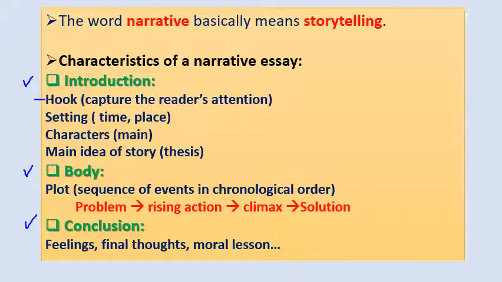A hook is an attention grabber: a first sentence or first two sentences that would catch your reader's attention. It could be, as we said before, a sound effect, describing a scene, a question, basically something that would catch your reader's attention and make them want to read on with your story.